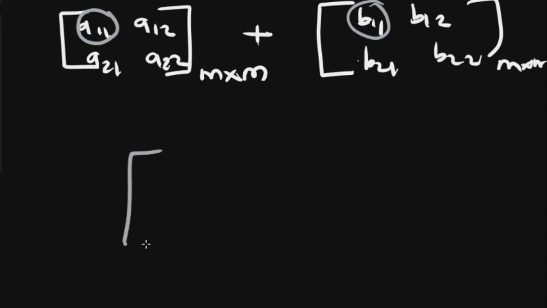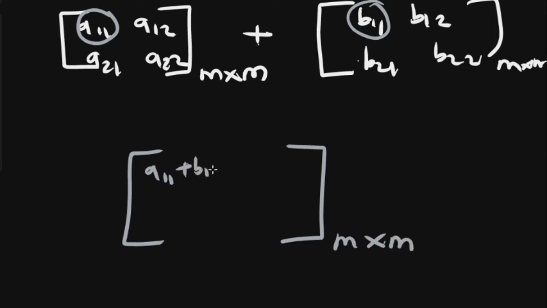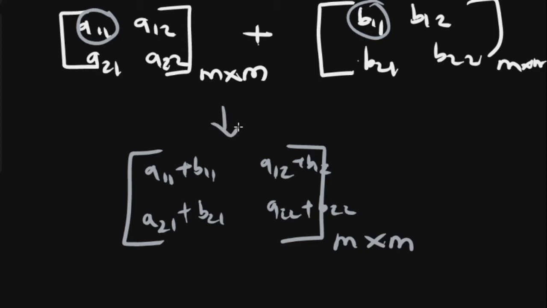We create a new matrix of the same size m cross m, and we do a11 plus b11, similarly a12 plus b12, then a21 plus b21, then a22 plus b22. Like this we perform the addition.